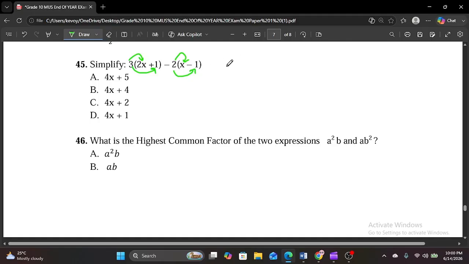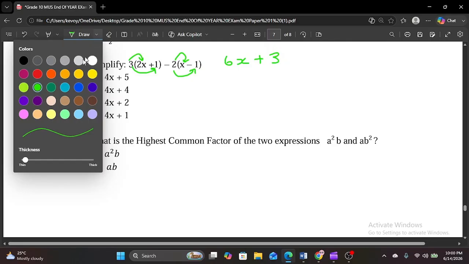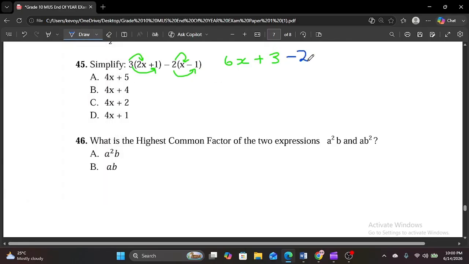That's going to be 6x plus 3, and we're going to have negative 2x plus 2, as negative times negative is positive, 2 times 1 is 2.